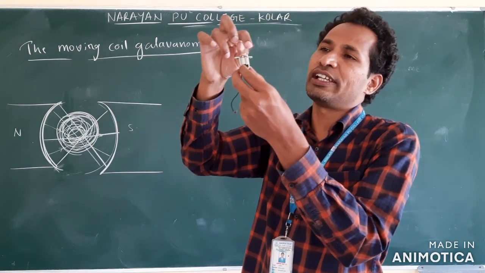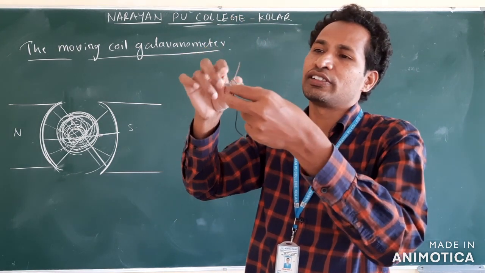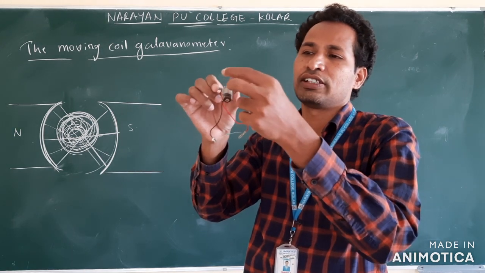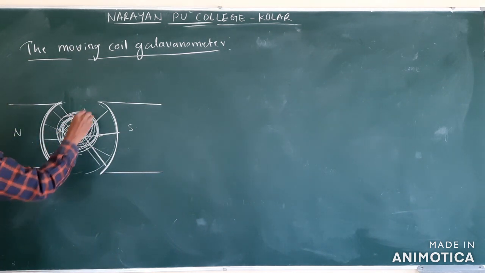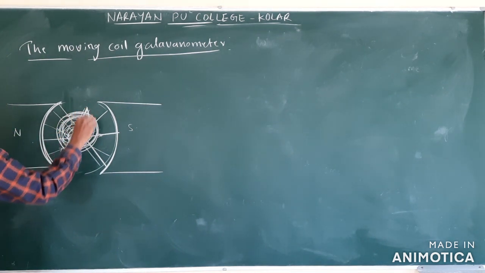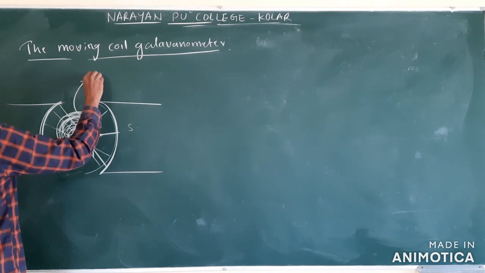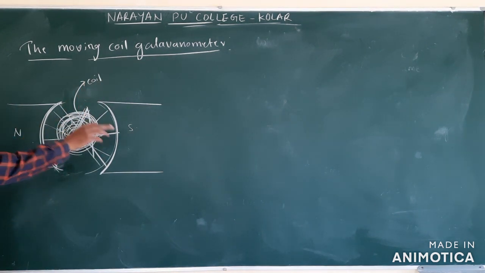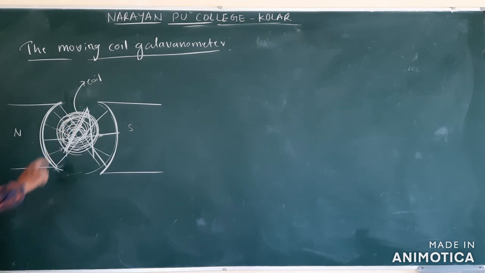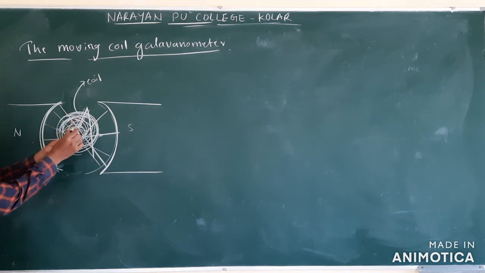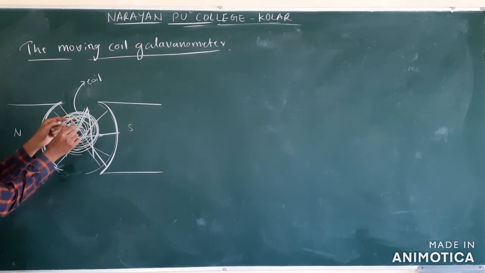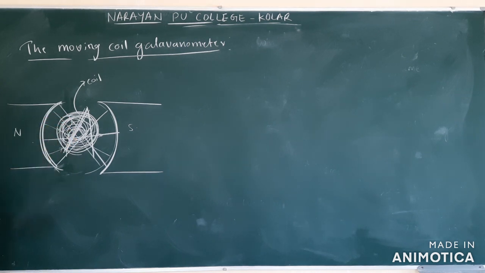Clear? Over this you will find a pointer of red color, which shows the deflection. So here there is a rectangular frame, a coil. In a radial field, we place a soft iron cylinder, and over that we have a rectangular frame. This is a point; when current flows, it shows the deflection.